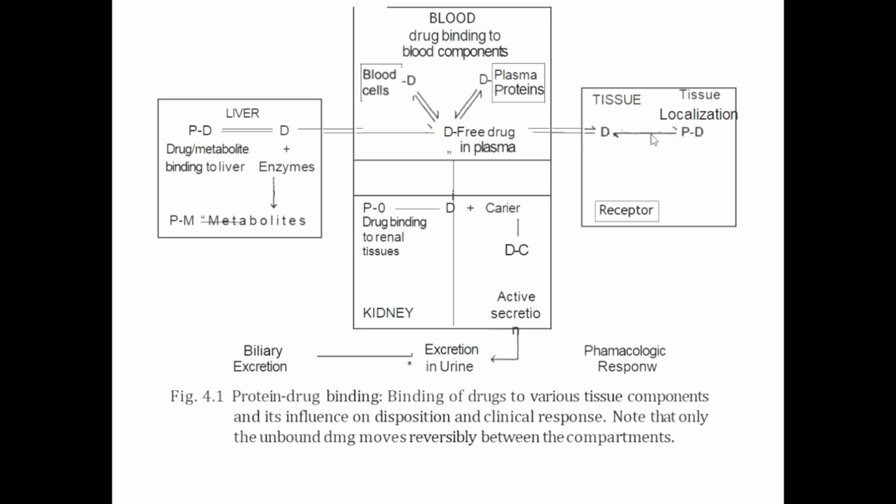After the pharmacological response, the drug-protein complex separates and again forms a free drug. Then again that free drug binds with another protein to form a protein-drug complex and leads to the metabolism process. After the metabolism, the drug will be excreted with the help of urine through the kidney.